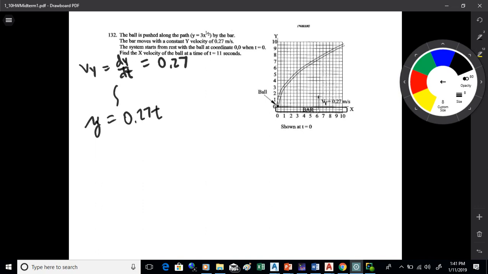So what we know is that y also equals a function of x, 3x to the 1/2. Okay, that's given. So what that means is I can now relate x to t directly, okay?